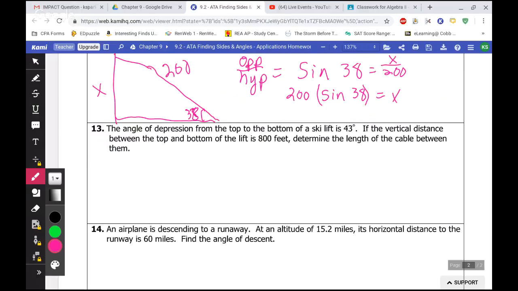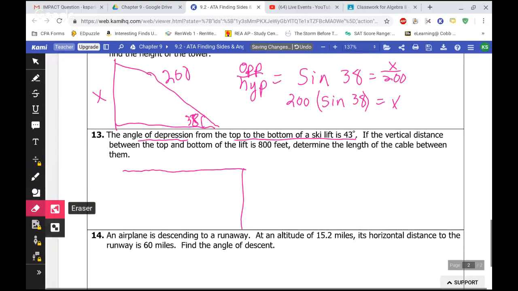So the angle of depression from the top to the bottom of a ski lift is 43 degrees.